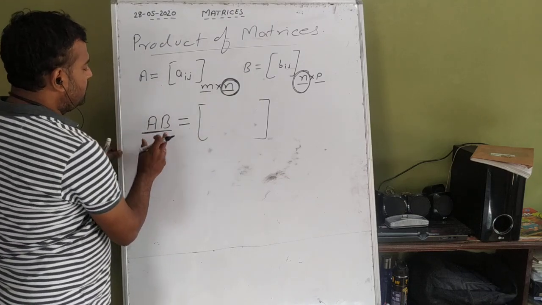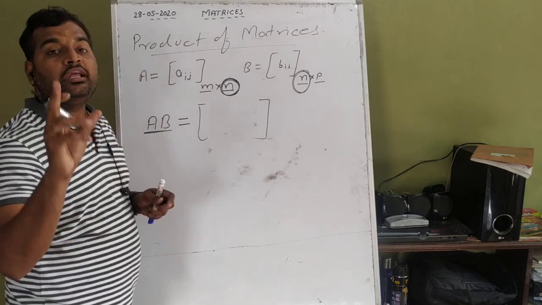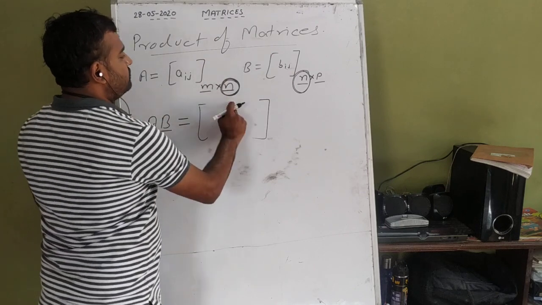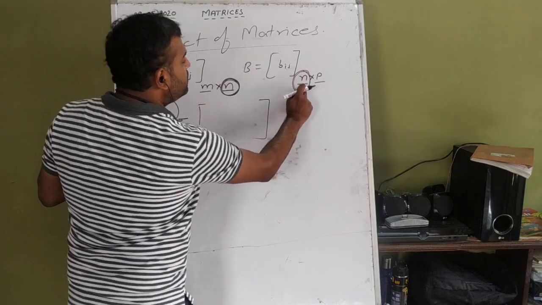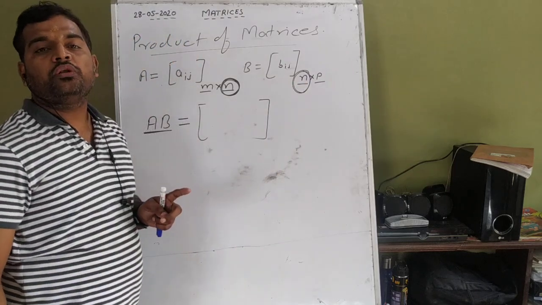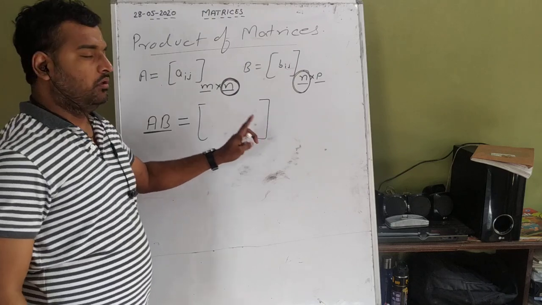Then the product AB will be possible only when the column of the first matrix is equal to the row of the second matrix. Clear?